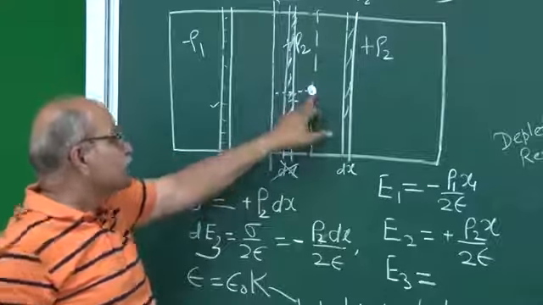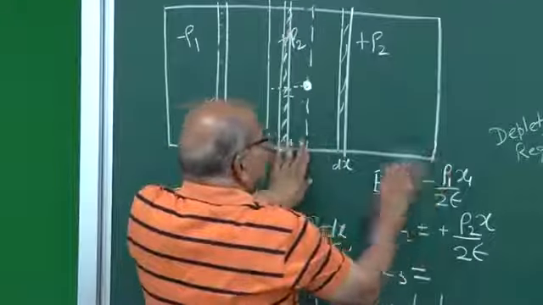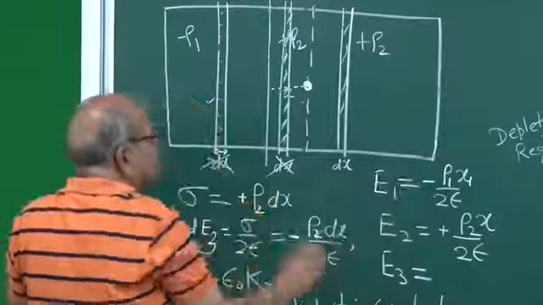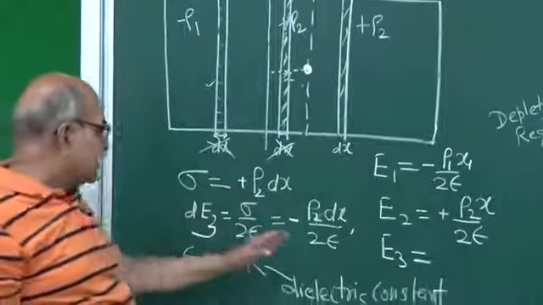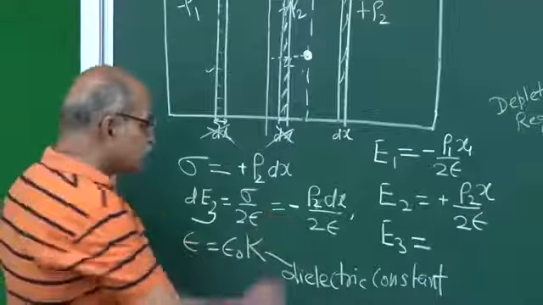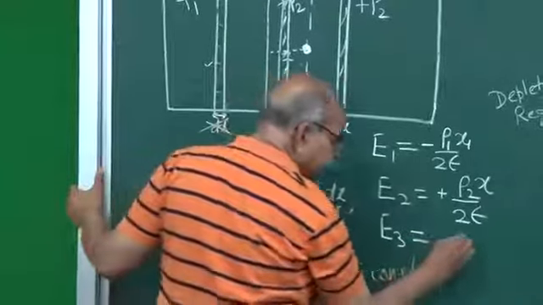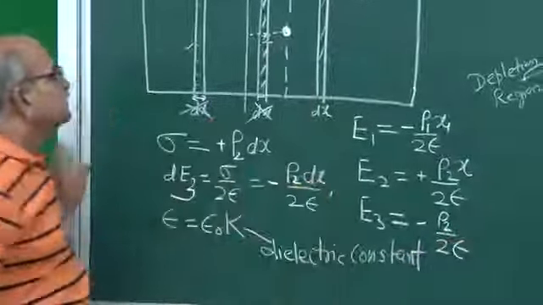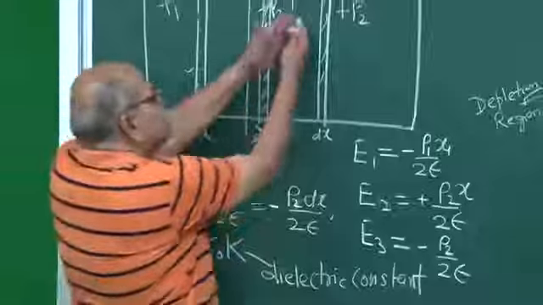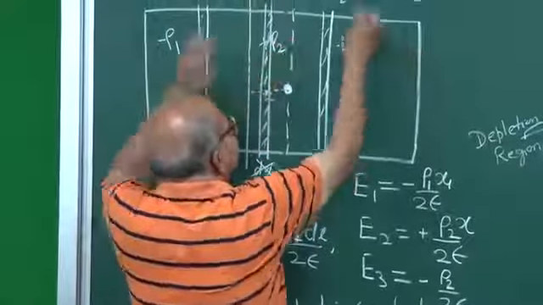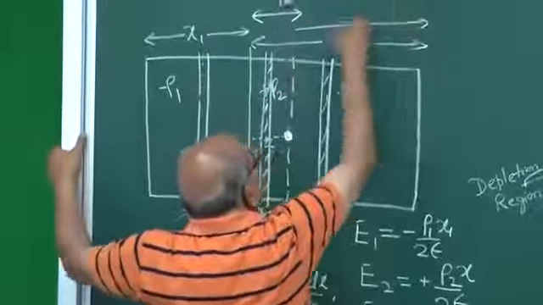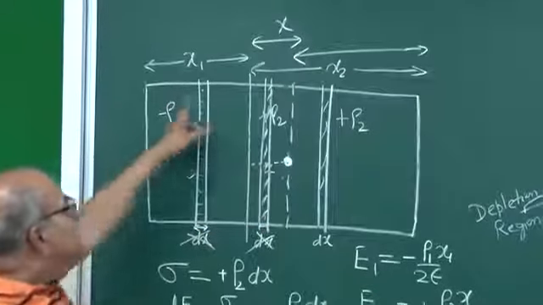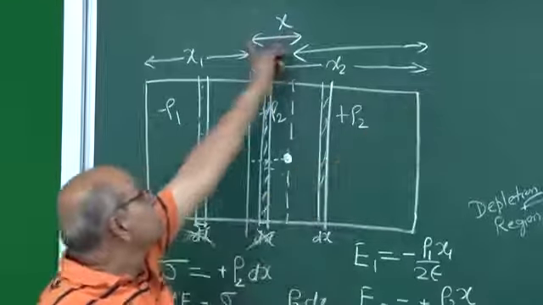So the third part is the electric field due to this much, and when you integrate this, you will have minus rho 2 over 2 epsilon, and then dx. When you integrate dx, you get this length. And how much is this length? This length is x2 minus x.